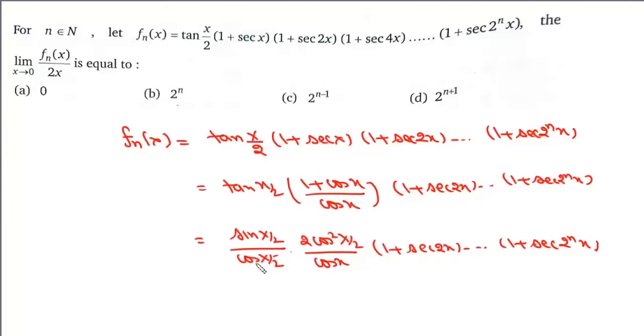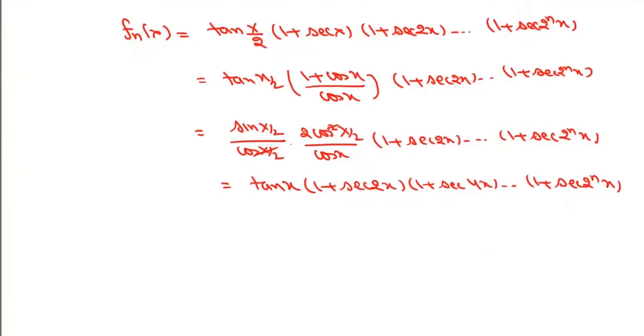Now here cos x by 2 will cancel. Now 2 sin x by 2 cos x by 2 is sin x, so we'll get this as tan x into 1 plus secant 2x, 1 plus secant 4x up to 1 plus secant 2 to the power n x. Now here it was x by 2 and x, and here it is x and 2x. So situation is same.